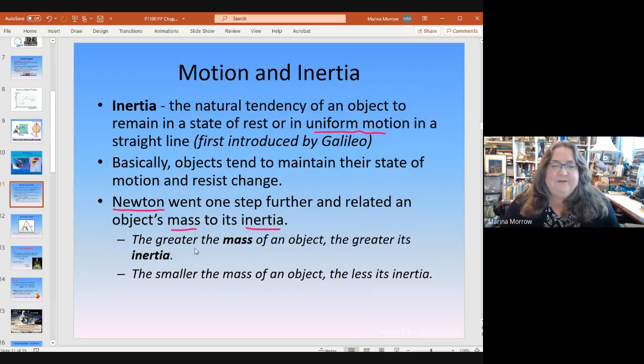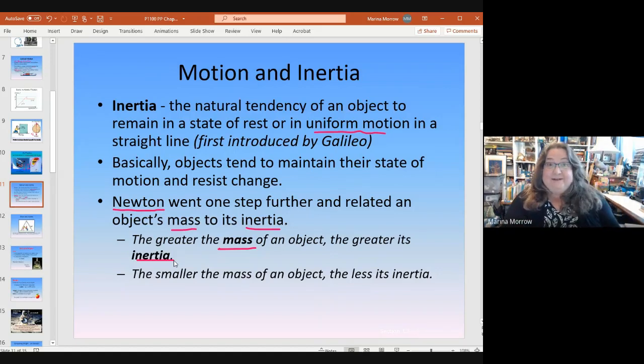So when you have greater mass, then the greater inertia. So the bowling ball has more inertia, more resistance to changing its motion, so you have to use more force if you want to change it, than the ping pong ball, because it has greater mass than the ping pong ball. Okay, so mass relates to inertia.